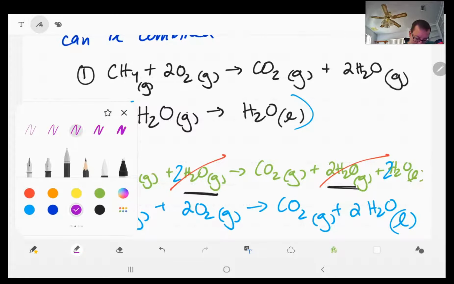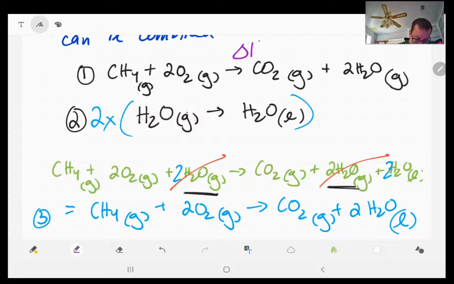And so how does delta H come in for these? Well, delta H reaction for our first reaction is negative 802 kilojoules per mole of methane, I suppose.